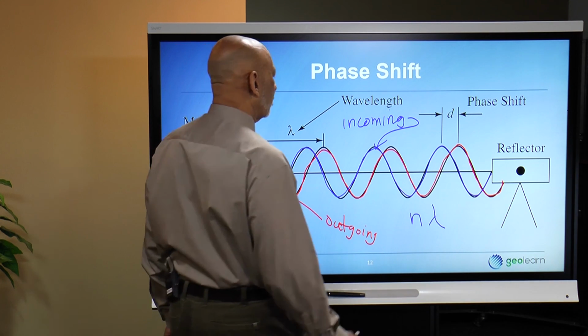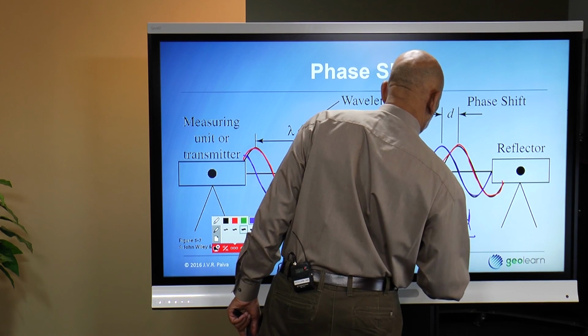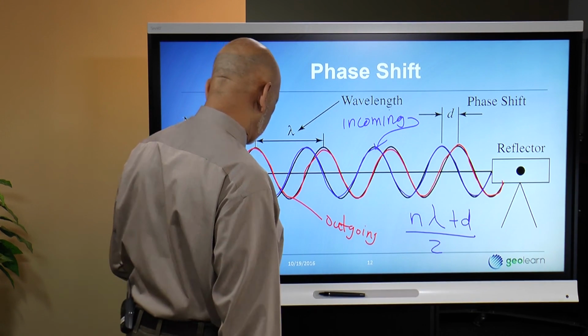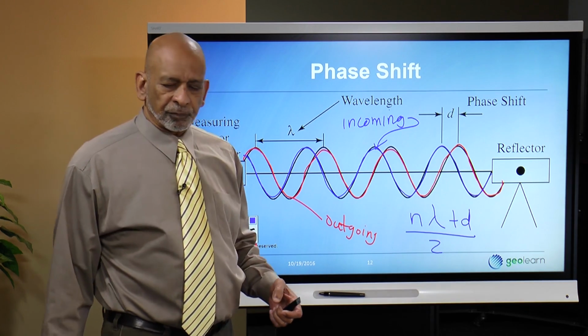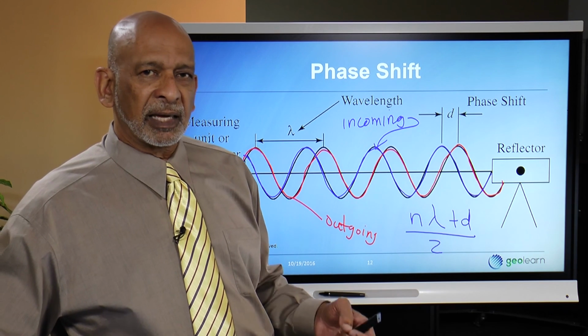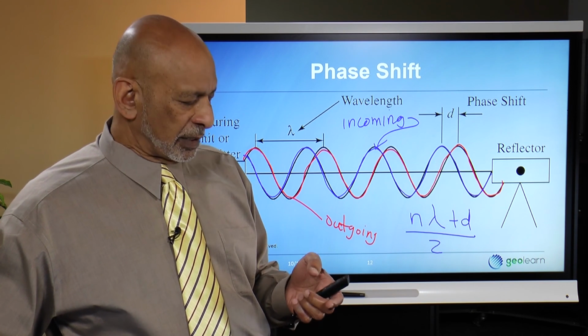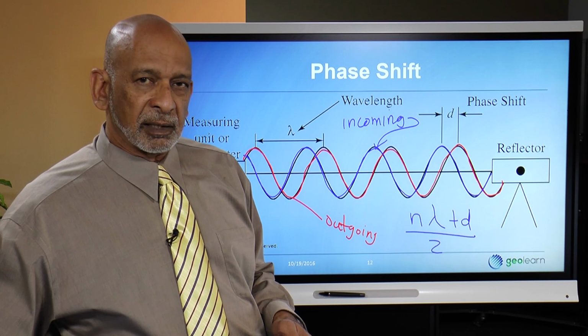So it's n lambda plus the distance d, and then we divide the whole thing by 2 to get the distance. This is not an incredibly important process to understand mathematically to the nth degree, but I want you to understand that phase shift EDMs do exist, and this is how they work.